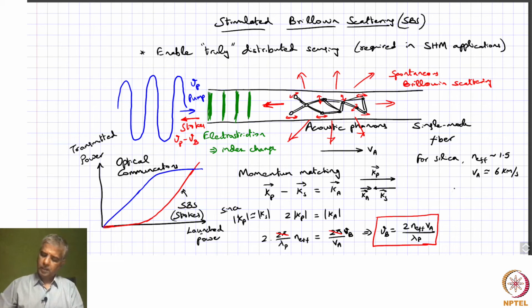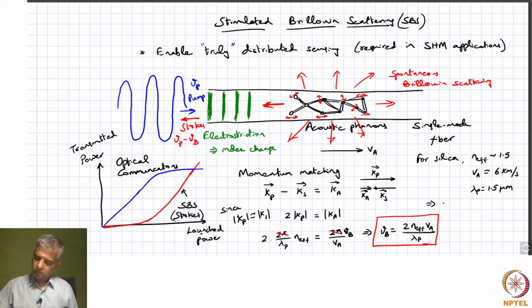And let us consider lambda p as 1.5 micron, okay. So, if lambda p is 1.5 micron, then if you plug all these numbers here, 2 into 1.5 multiplied by 6, that is about 18, divided by 1.5.